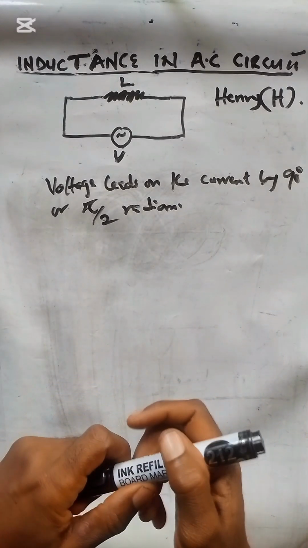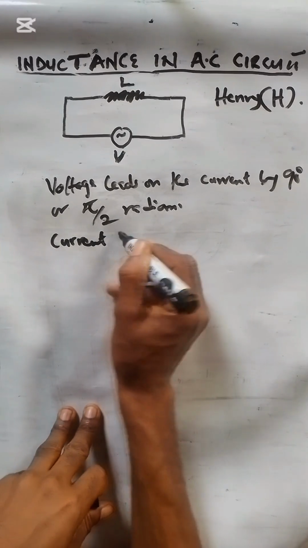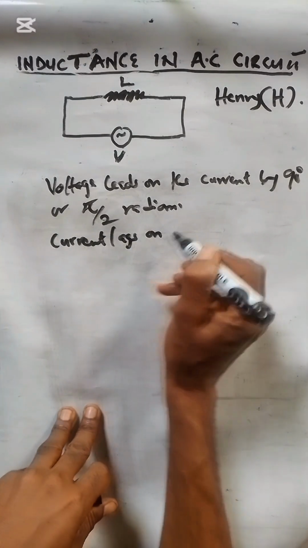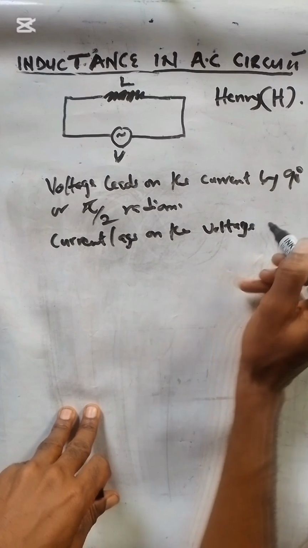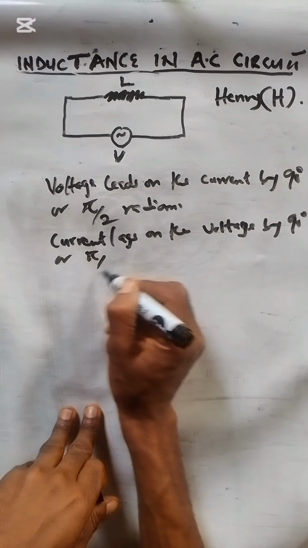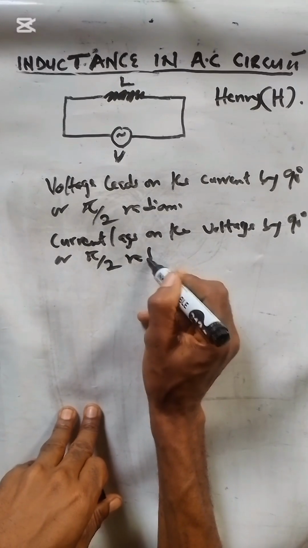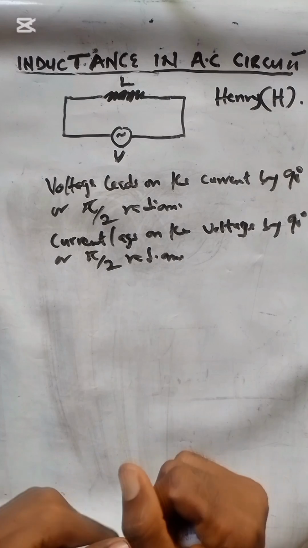That is to say, the current lags. So here we say the current lags the voltage by 90 degrees, or pi over 2 radian. Take note of that.